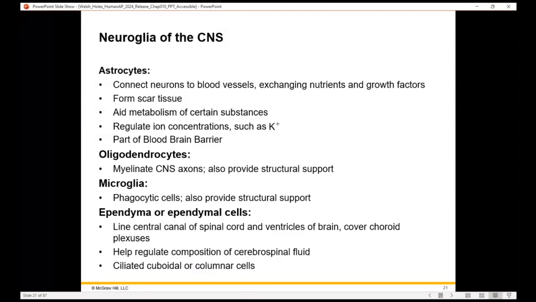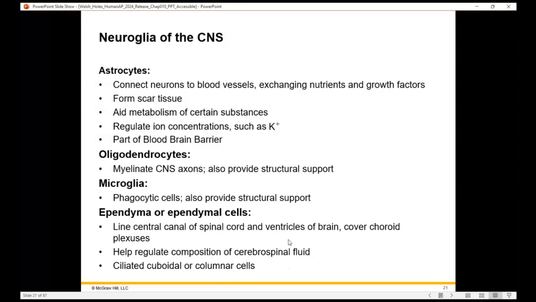Oligodendrocytes myelinate central nervous system axons and also provide structural support. Microglia are phagocytic cells, and they provide structural support as well. Ependymal cells line the central canal of the spinal cord and ventricles of the brain, and they cover the choroid plexuses. They help regulate composition of cerebrospinal fluid.